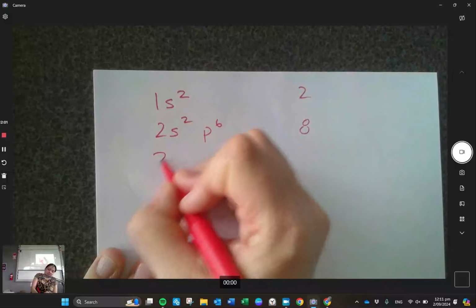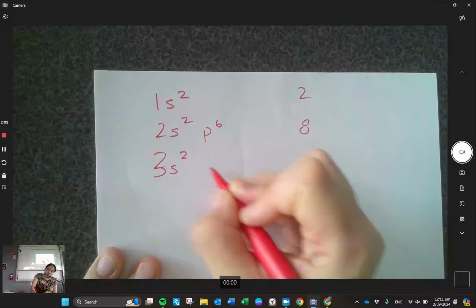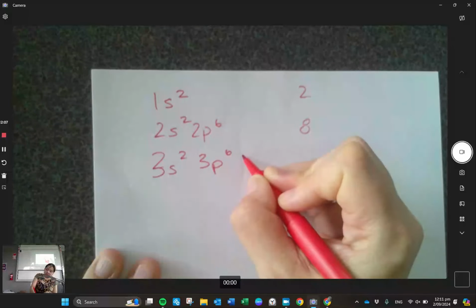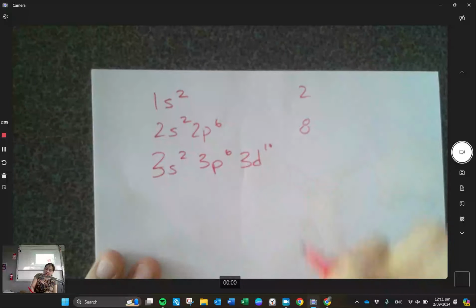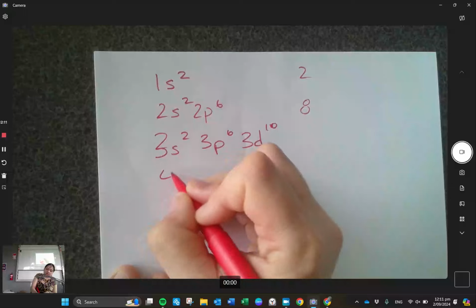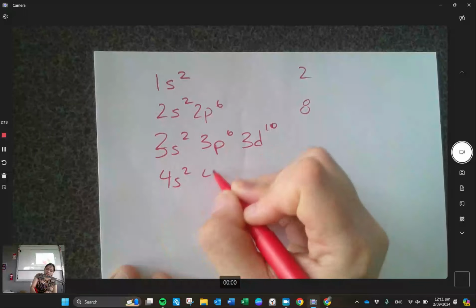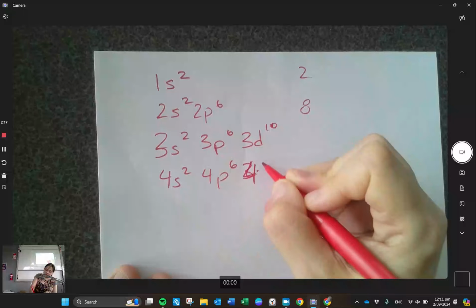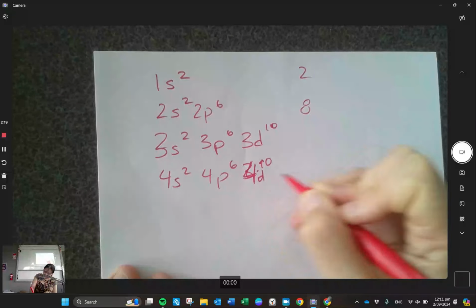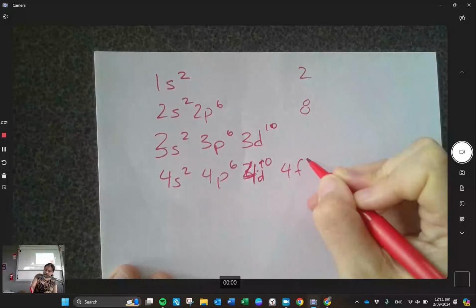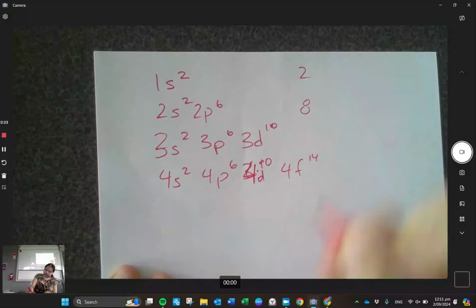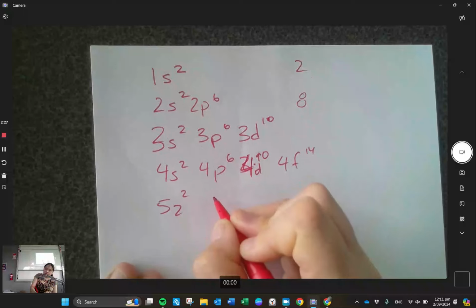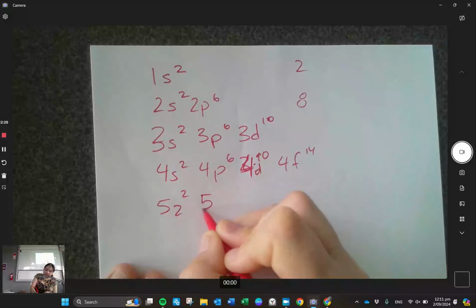Third subshell is 3S2, 3P6, and 3D10. And then the next one is the fourth, 4S2, 4P6, 4D10, and then F, what did I say? 14. And then, yeah, the 5. So you just write it down in this order.